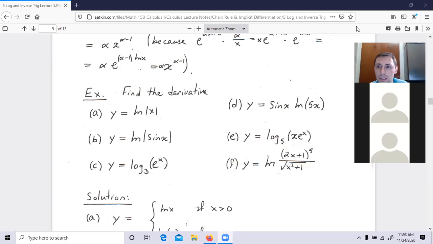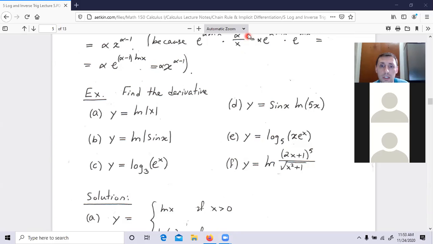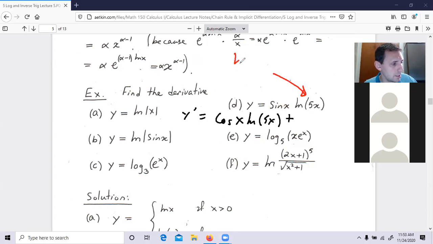All right, so let's do it. That's easy, right? The derivative here is the derivative of sine. So I have that y prime is the derivative of sine, which is cosine of x, times ln of 5x, plus, you might have observed that ln of 5x can be written as ln of 5 plus ln of x, and that's one way to do it.